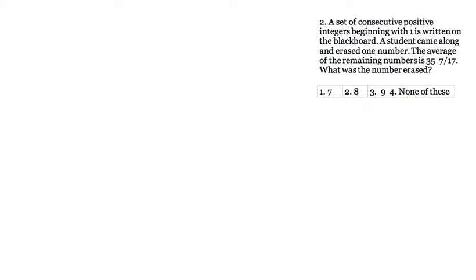Okay, so we'll focus on this number 35 7/17. The first part we'll fix on is 35. Now 35 approximately is the average. Again approximately because a number has been erased. If 35 is the average, can I say that the first plus last term divided by 2 is approximately 35?